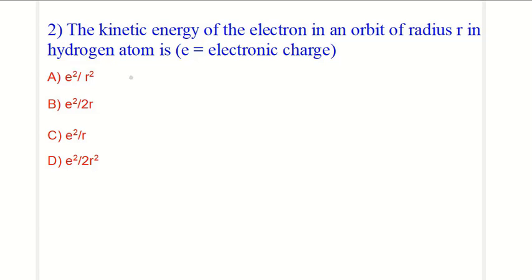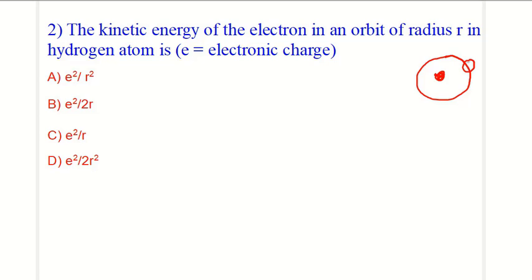The kinetic energy of the electron in an orbit of radius r in hydrogen atom is. So we need to find the expression of kinetic energy in terms of e and r, because that is given in the options. Now see, for an atom, this is the nucleus, and the electron is revolving around this nucleus in a circular orbit according to Bohr's theory.